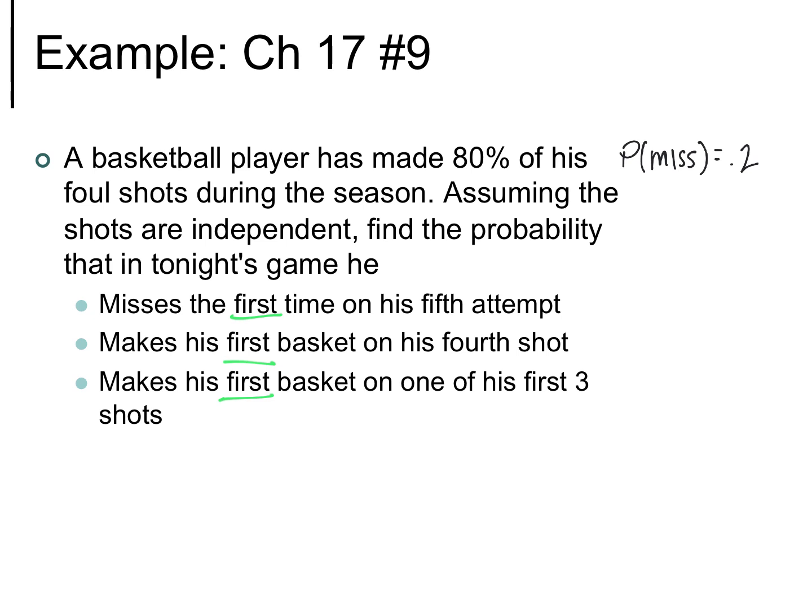So that's our P. Our Q is the 0.8. So it's 0.8 to what power? To the 4th times 0.2. Because it's his first miss, not his first make. He makes 80% of them. He misses 20%. So he's going to make the first 4 shots, and the first miss is his 5th shot.